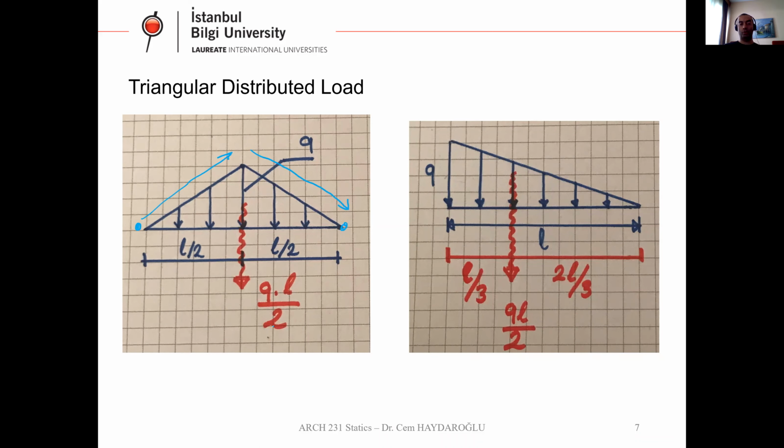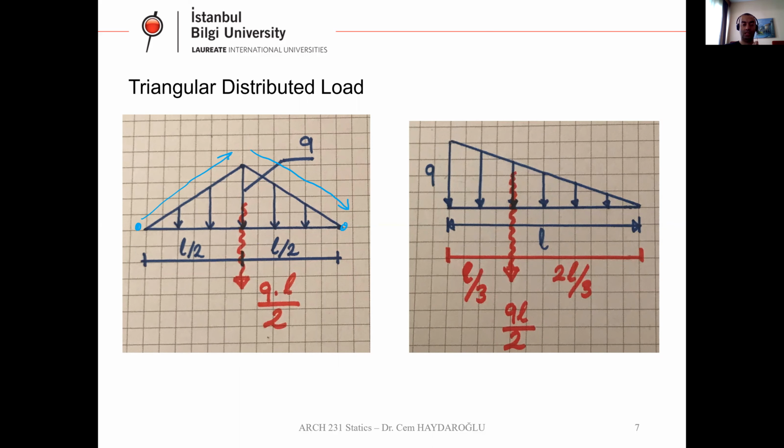This is not a uniform distributed load. At each point, the loading changes linearly. But the logic is same. If I have a distributed load, its magnitude is the area of that shape.